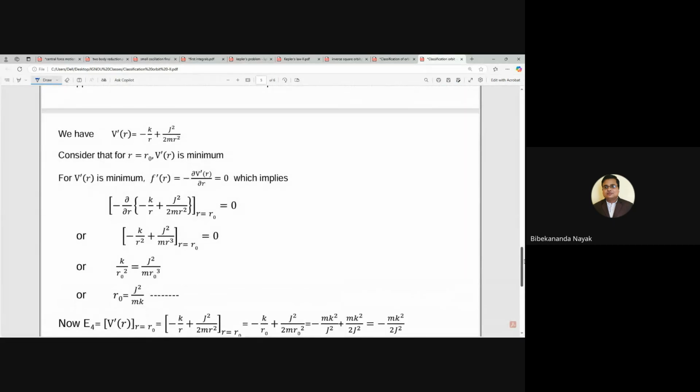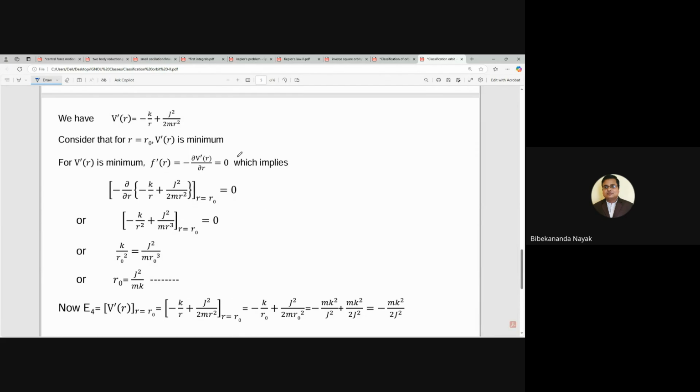So what is that value? We know V prime is equal to this. For r equal to r0, V prime is minimum in the case of a circle. For a circular path, V prime is minimum. So what is the minimum value? How do we calculate it? For a constant value, we know its derivative is 0. Minimum means its second derivative is greater than 0, then what happens?